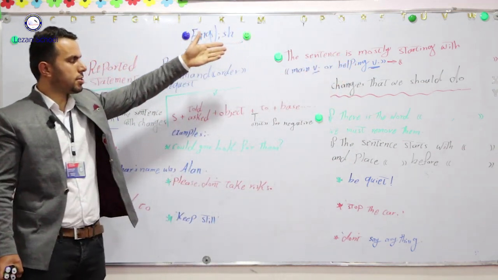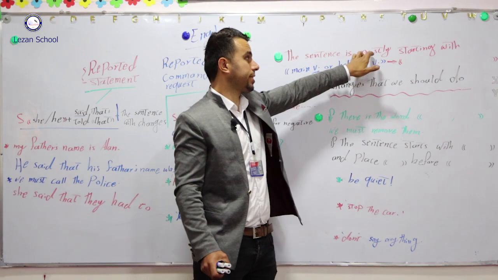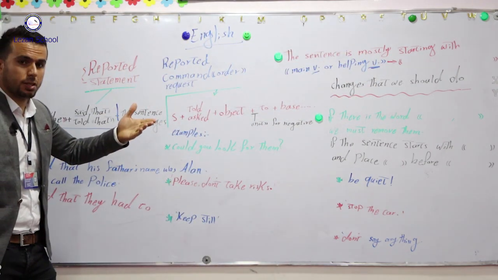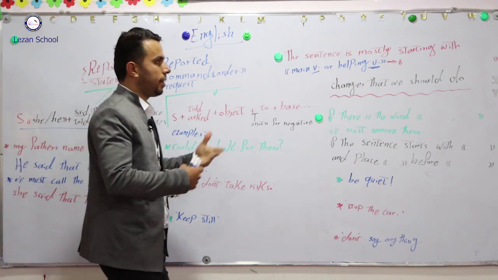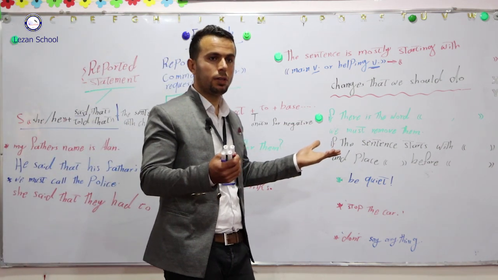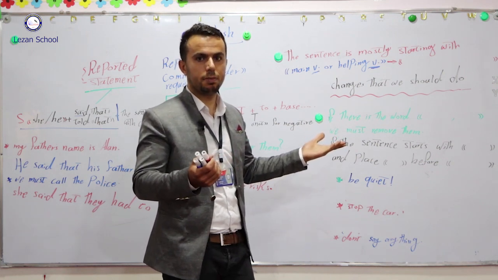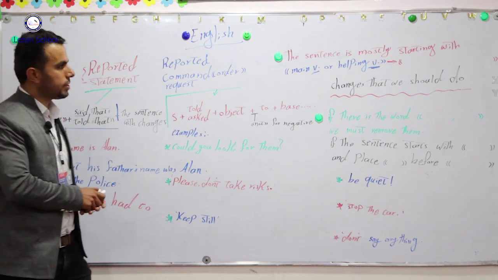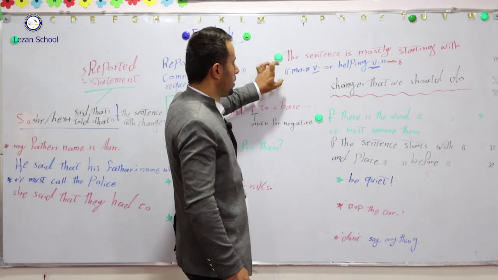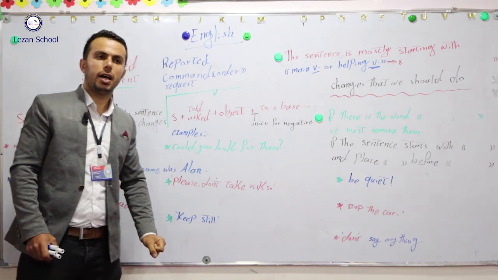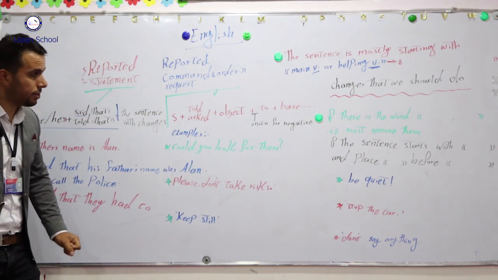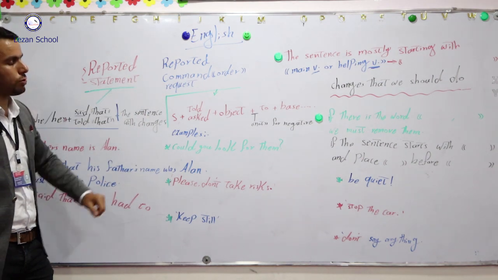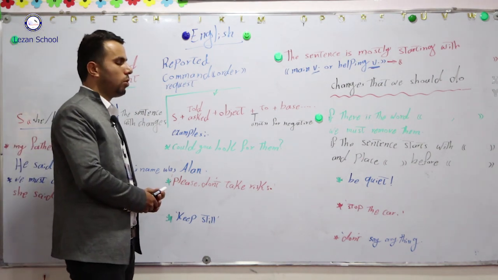But when we say mostly, it means not permanent. It can start with another verb. For example, modal verbs: could, would, should. These verbs can come at the beginning of the sentence, which indicates that the sentence is a reported command or request.